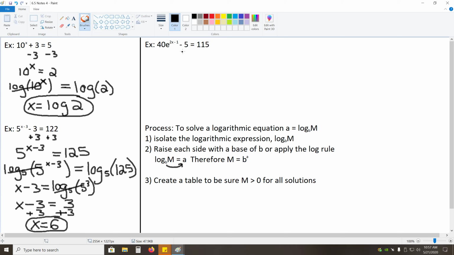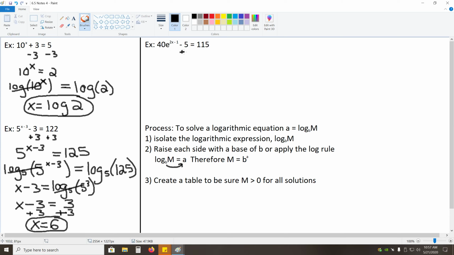Okay, so finally from here, before we move on to logarithmic equations, take a moment, try to solve this problem, and just pause the video, and then we'll try it together. Okay, so from here, again, the first thing we need to do is start getting the exponential expression isolated.